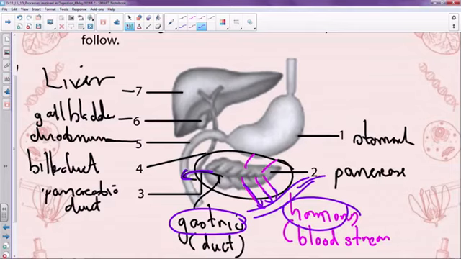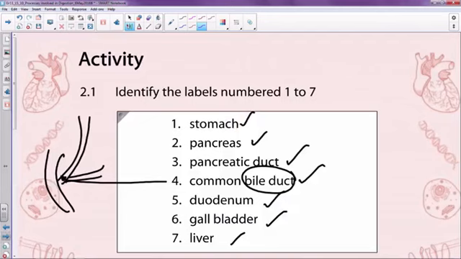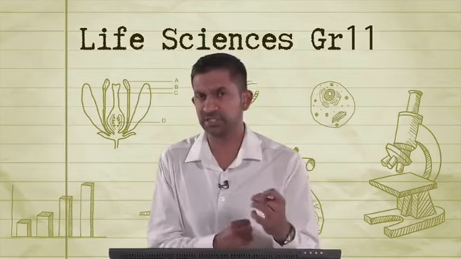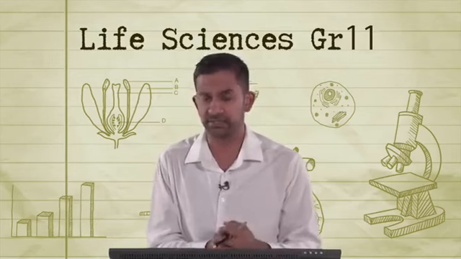So essentially we need to look at why is the pancreas both an endocrine and exocrine gland. So what we should take from this is that the pancreas is both an endocrine gland and an exocrine gland, and that's based on its ability to produce pancreatic juices and release them via a tube or duct into the duodenum, as well as release hormones such as insulin and glucagon, which enter directly into the bloodstream.